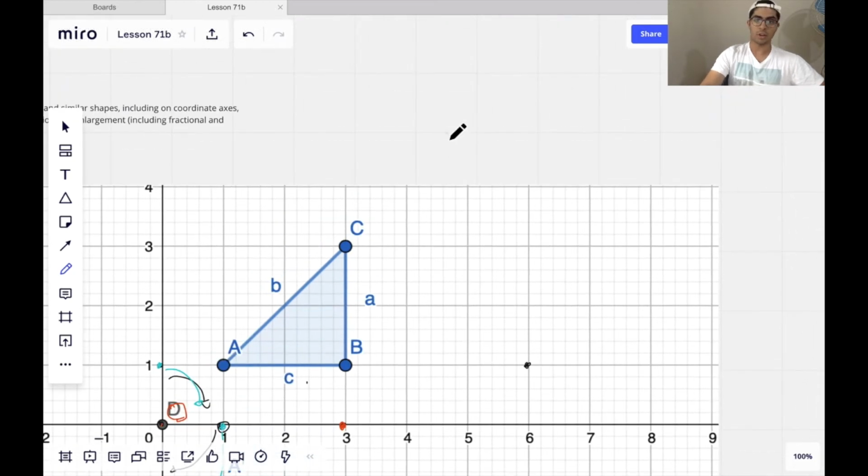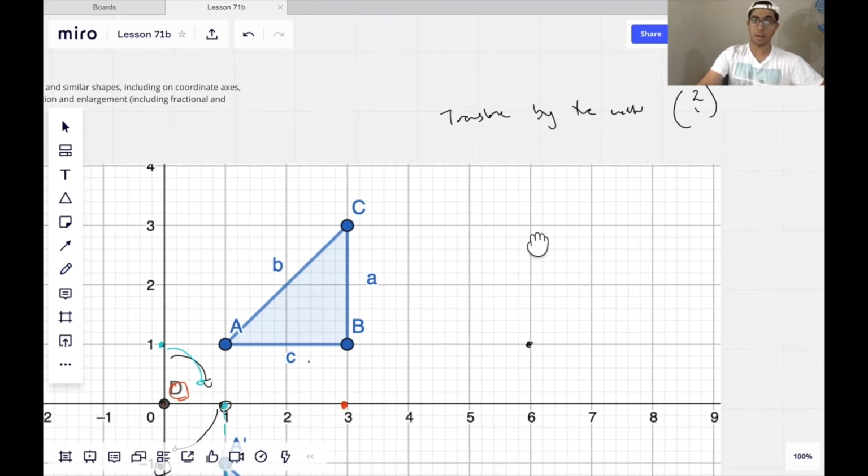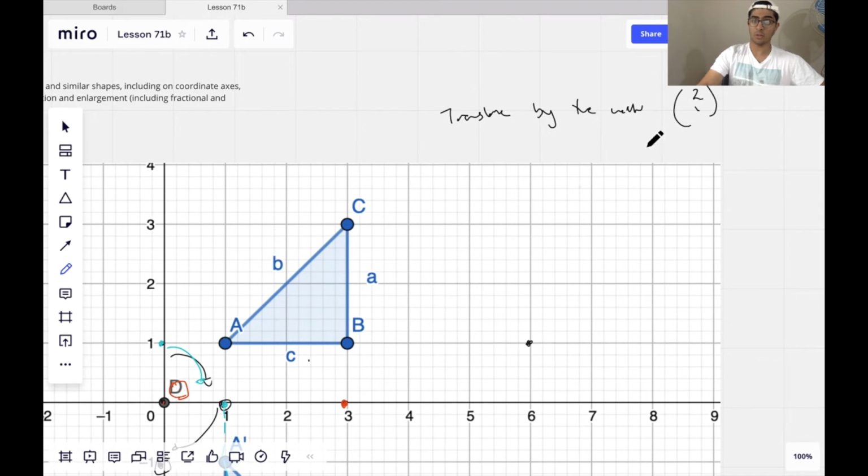So if you were to translate by the vector, say (2, 1), that means every point that you're concerned with, you move 2 to the right, or positive 2 in the x-axis, and 1 in the y direction. So if we look at A, we go 1, 2, and then 1 up.